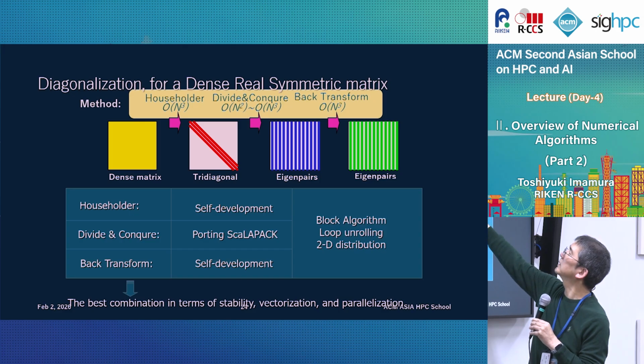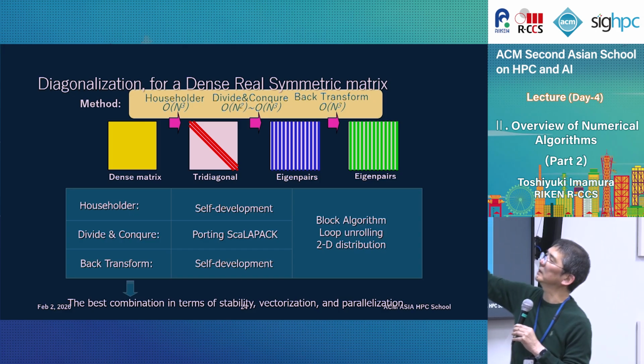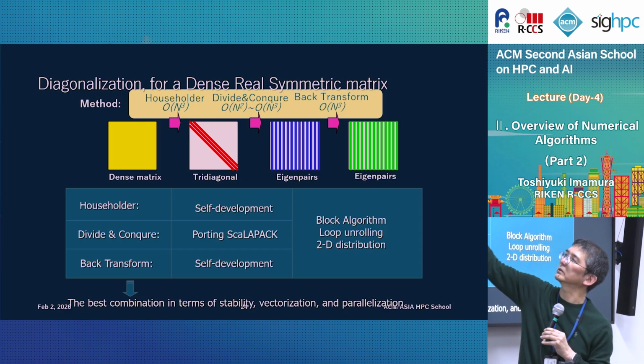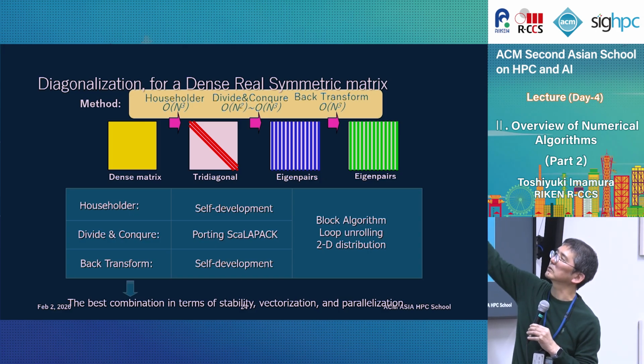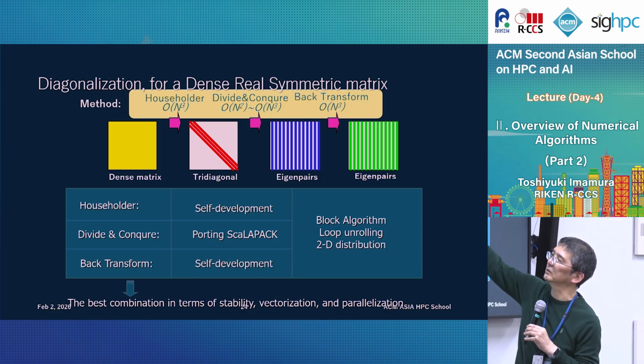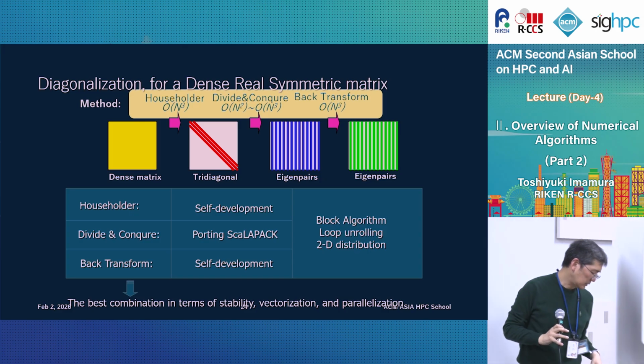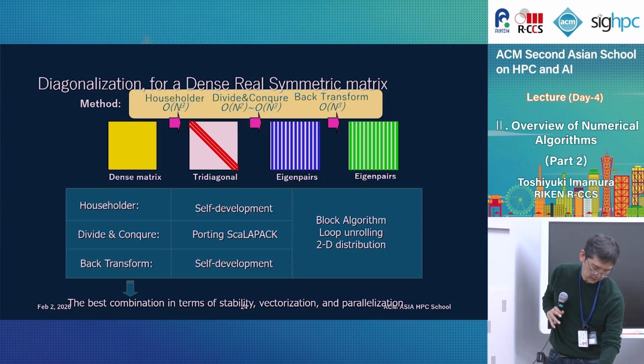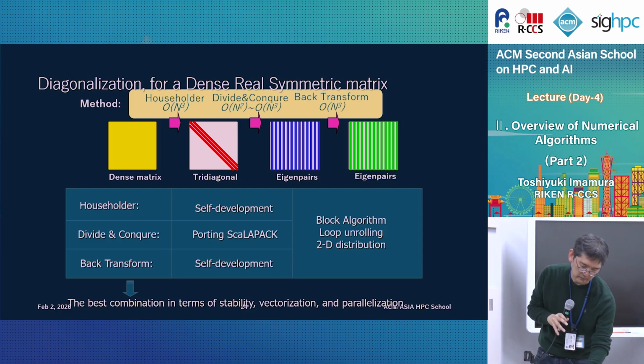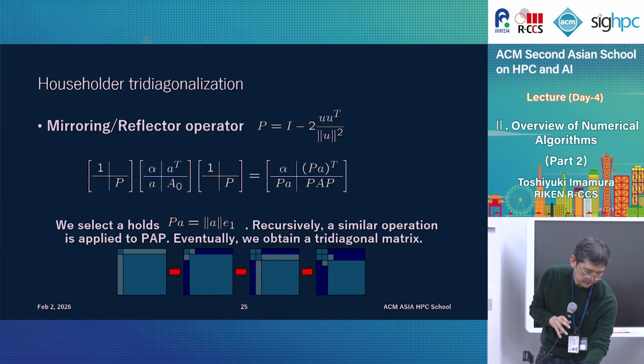And then back transformation, because we converted the original matrix into a specific form, so we should transform back here. So these three steps are the major approach in current modern numerical libraries.